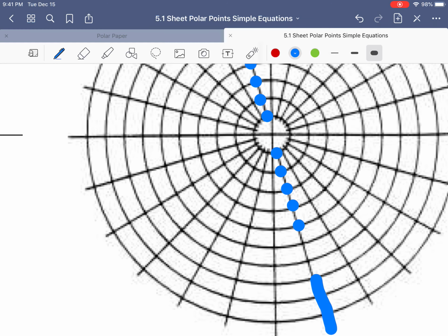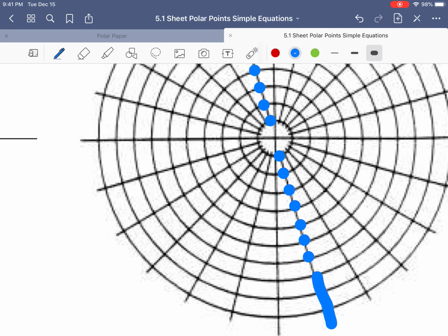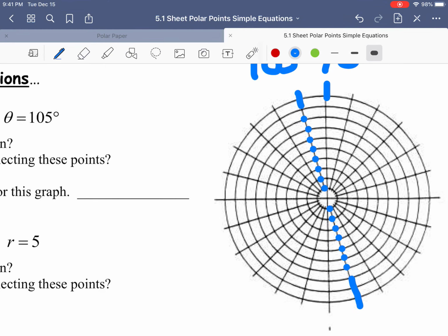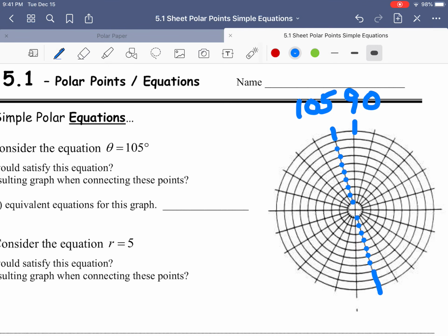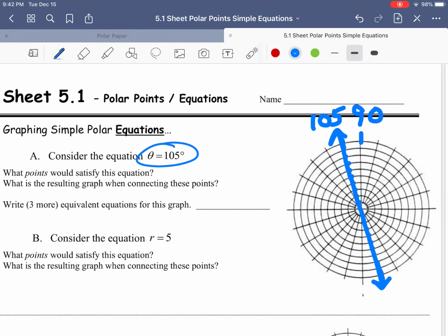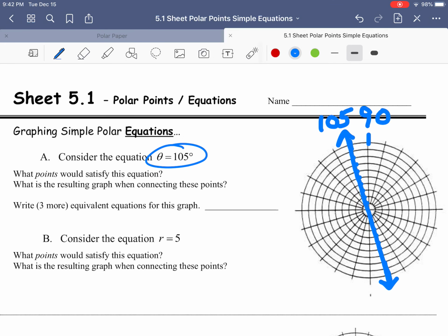And so I can continue to plot points where it appears that we're getting an entire diagonal line that would represent theta equals 105. In fact, when I connect the dots and make that diagonal line, I've officially graphed the equation theta equals 105, which again would be a line.